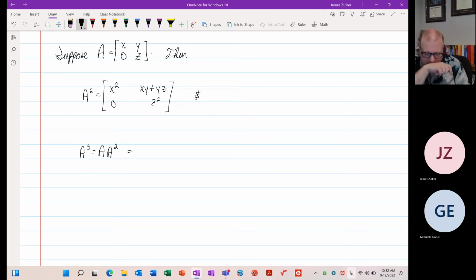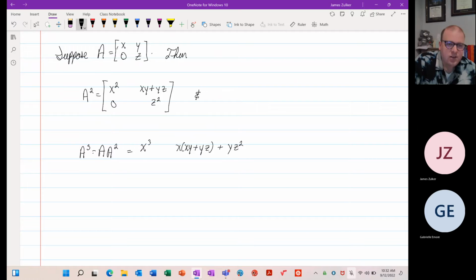A cubed, A times A squared. So row 1, column 1, x cubed plus 0. Row 1, column 2. That entry is going to be 0, and then we just get z cubed.